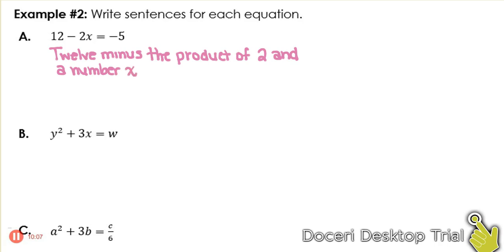And then we have an equal sign, so I can say is, and then we have a -5. So there's more than one way to do that, but that's just one way.